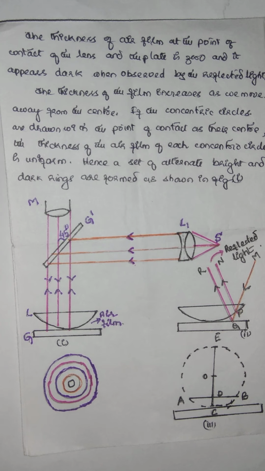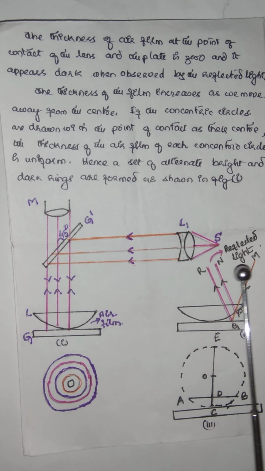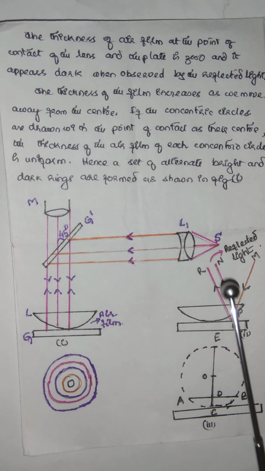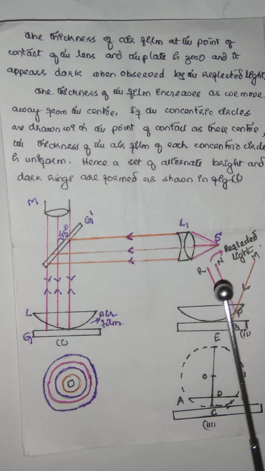Whenever this monochromatic light is incident at the point MP, it is reflected from two points P and Q, and these are the two reflected rays. These two reflected rays are close and parallel to each other. As they are close and parallel to each other, they produce interference.